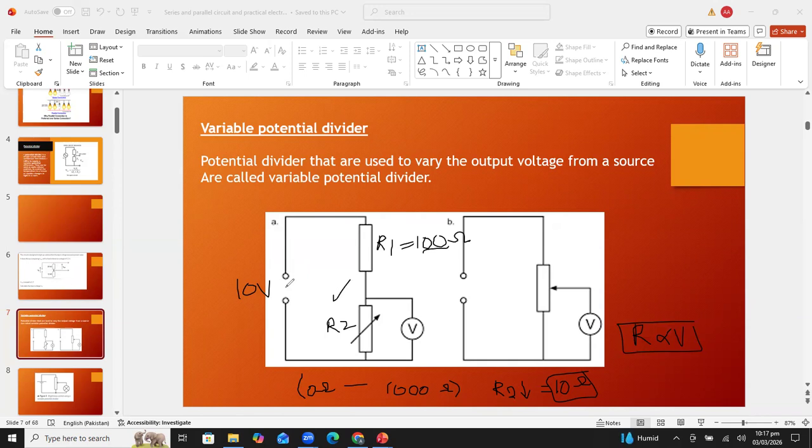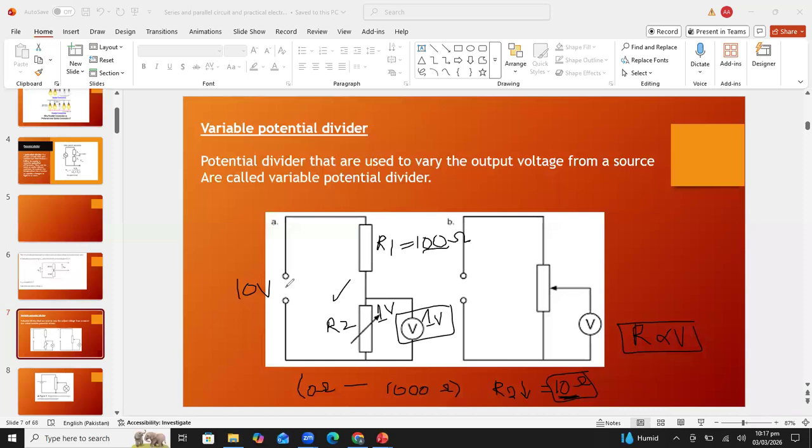So very less voltage will appear across this resistor. Suppose hardly 1 volt will appear across this resistor. And the same 1 volt will appear across the voltmeter as well. So this voltmeter will give us the reading 1 volt.